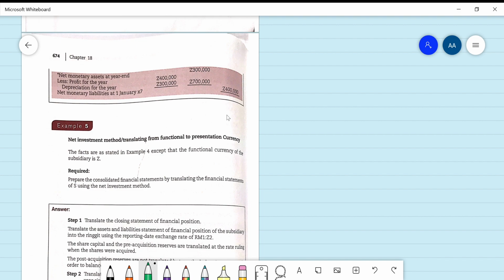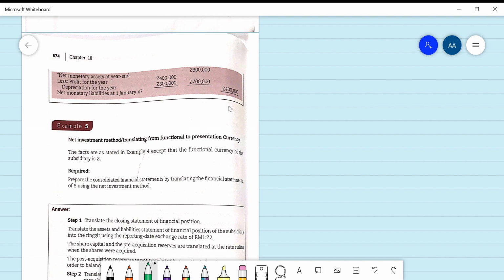Okay, so previously in example 4 we looked into the situation whereby the foreign currency is translated into the functional currency.